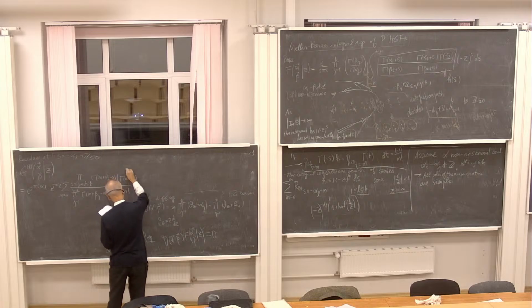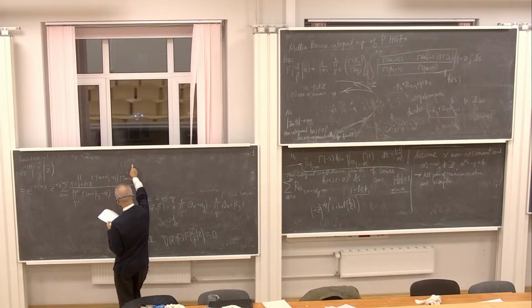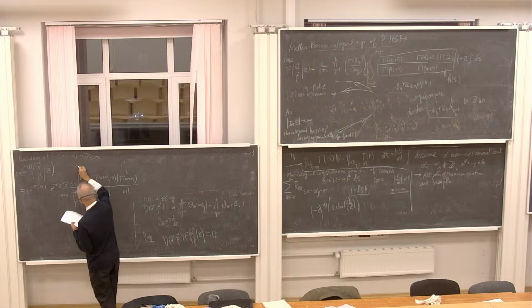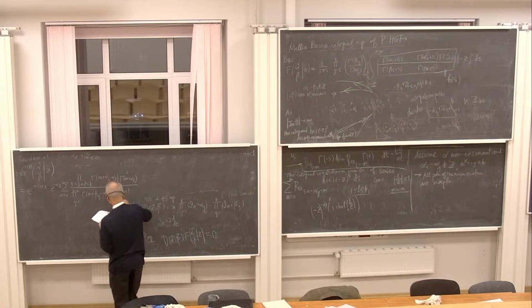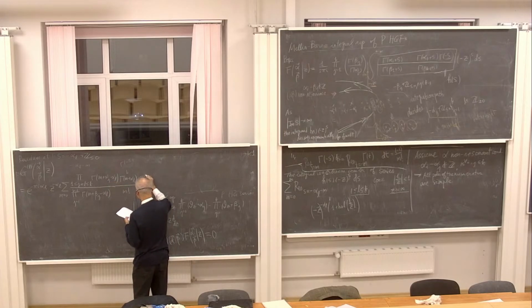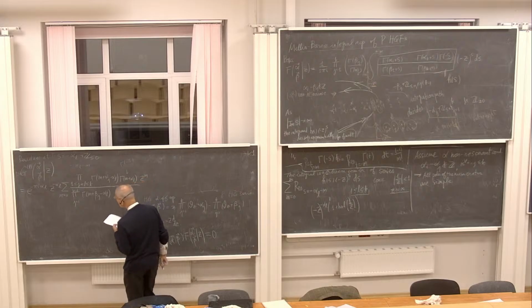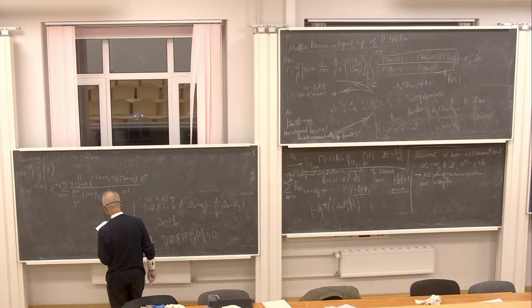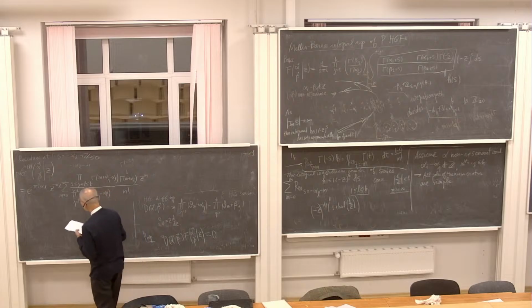In fact, it comes from gamma of minus s, where I put s equals minus alpha l minus m. Then I get this, and z to the power m. Minus 1 to the power m cancels by the same reason. So this is the answer.